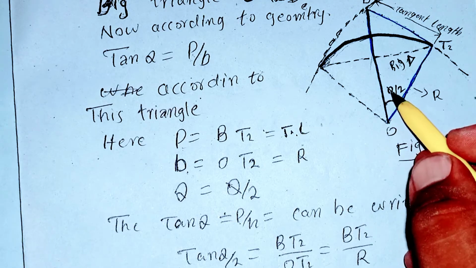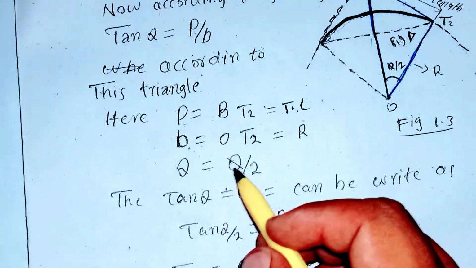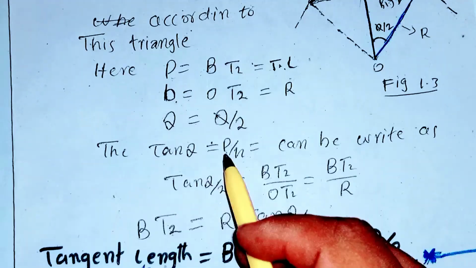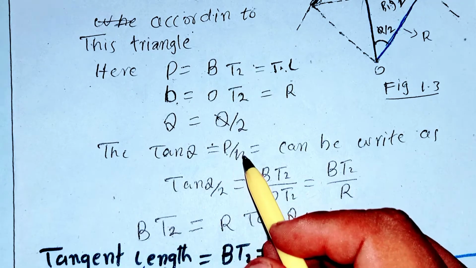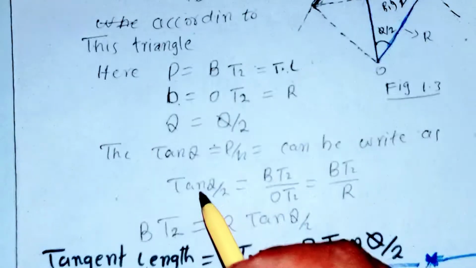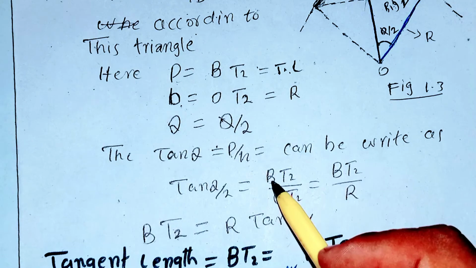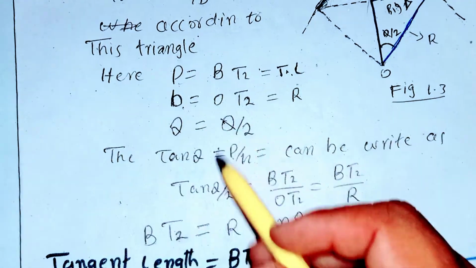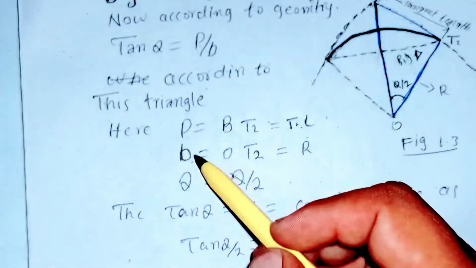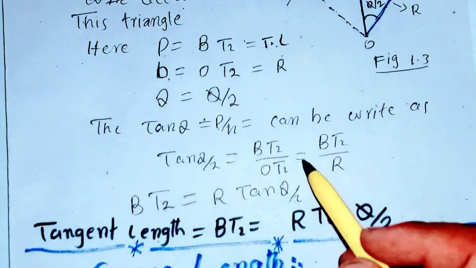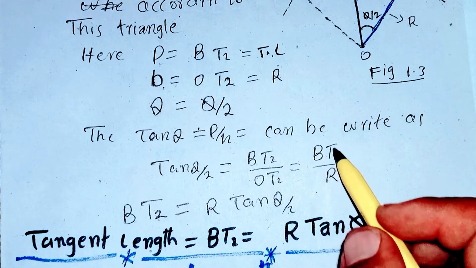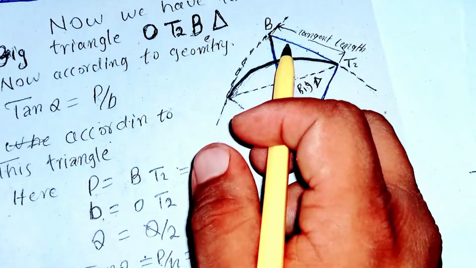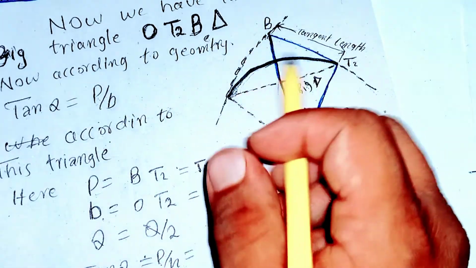Therefore the tangent of theta divided by 2 is equal to perpendicular divided by base, which can be written as tangent theta divided by 2 is equal to BT2 divided by OT2, by putting the values of the perpendicular, base and angle. So we are going to find this BT2, which is the tangent length.